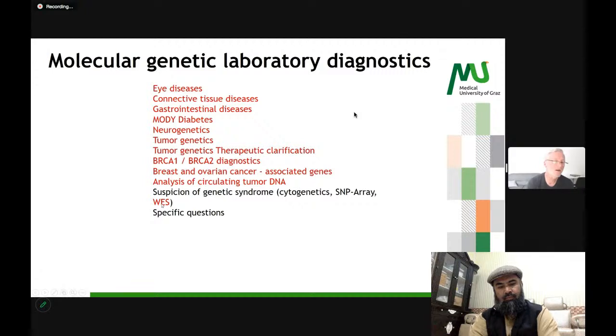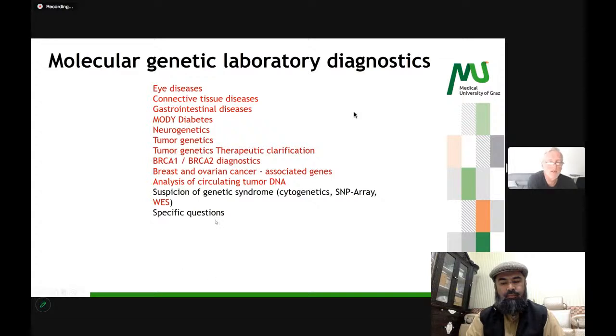Especially when it comes to genetic syndromes in the prenatal situation, we are doing trios. So we are sequencing the parents and the fetus, which enables us especially to detect de novo mutations, which are quite frequent when it comes to genetic syndromes.